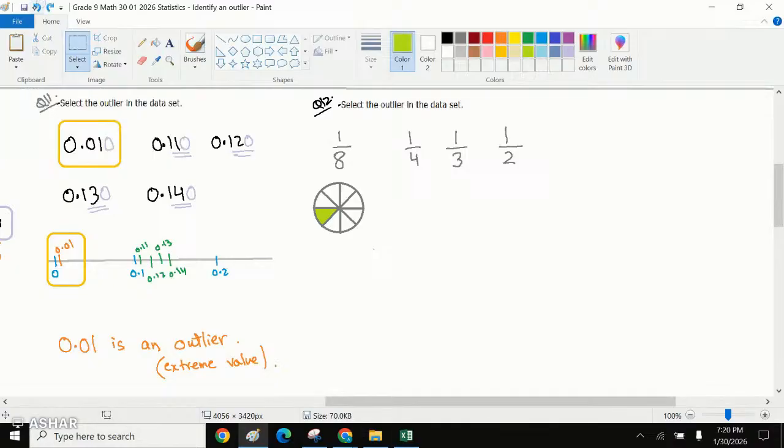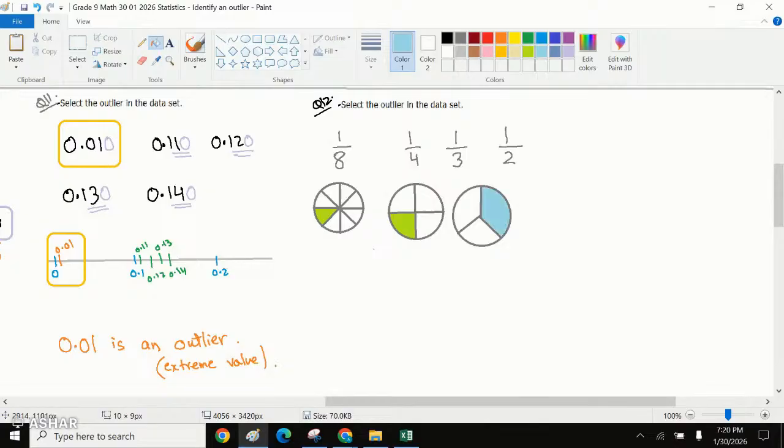Okay. 1/4 would mean 4 parts. There are 4 segments in this circle, and we are shading how many? 1 out of the 4, right? 1 upon 3 would mean the circle has been broken down into 3 segments, and we are shading 1 out of those 3.